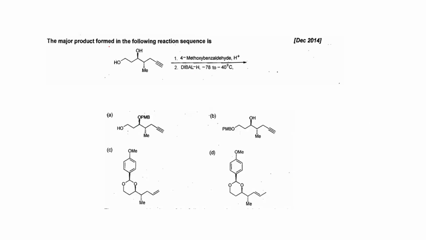So what is the major product formed in the following reaction sequence? They have added 4-methoxybenzaldehyde with H plus and in the next step they have added DIBAL-H.